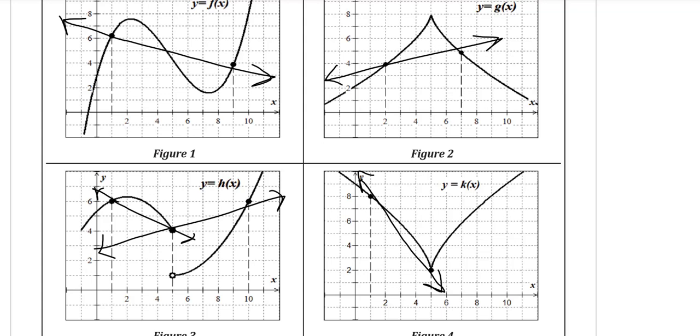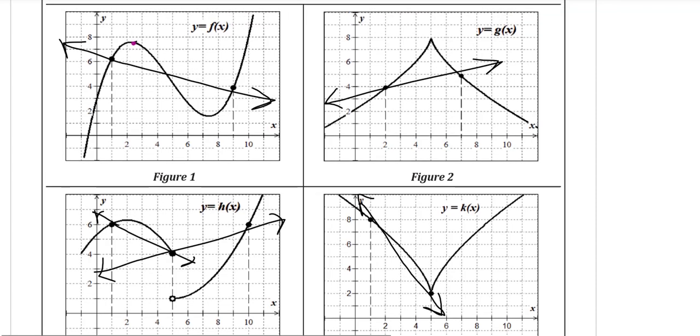If I go along this curve, I can see there's a point right here. Let me use a different color. Right here, if I draw that tangent line, it's going to be parallel to the secant line, like that.